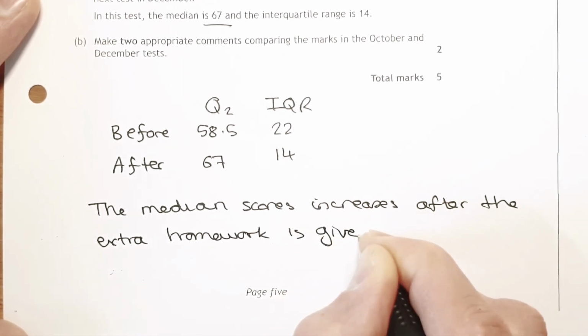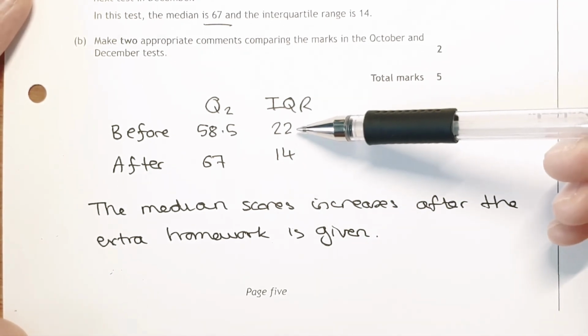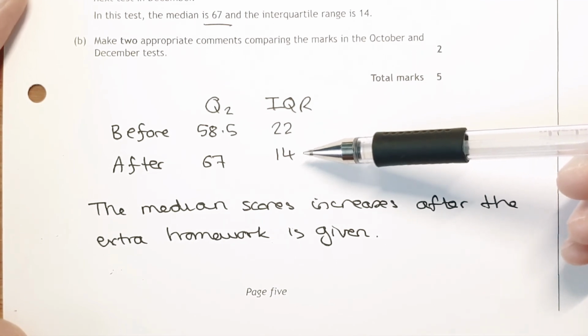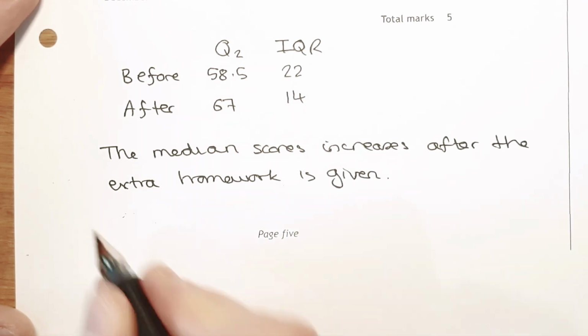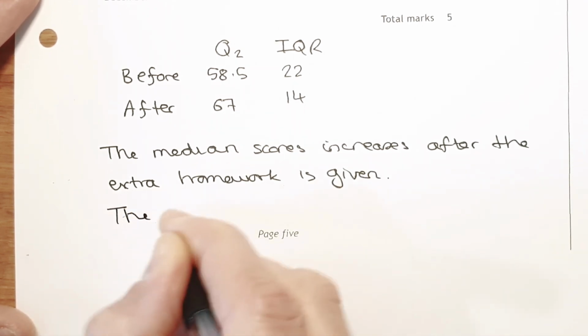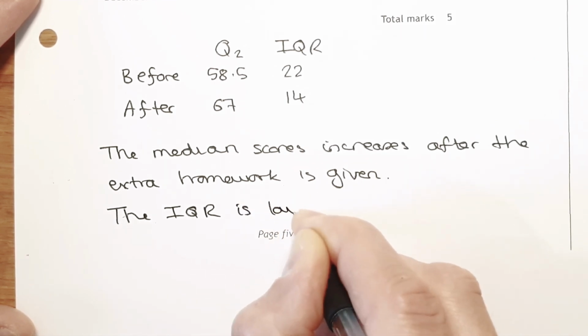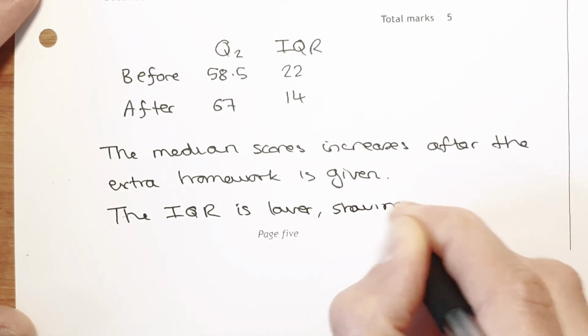Now, the interquartile range is a measure of how spread out data is. Interquartile range before is 22 and after is 14, so the number's gone down, so that tells us that the scores are less spread out compared to the median. So the interquartile range is lower, showing us there's less of a spread in the scores.